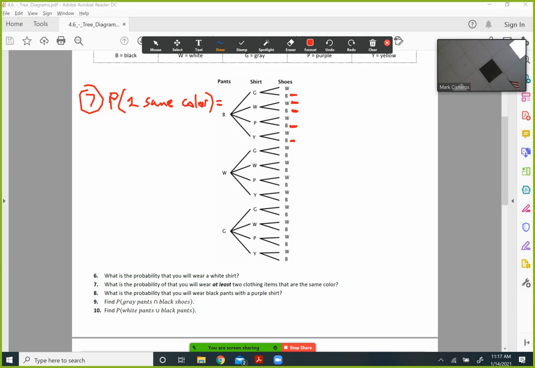There's 5 so far. And just keep going. Keep counting them. White, green, white. There's another one. 6. White, white, white. 7. White, white, black, 8. White, purple, white, 9. And then white, yellow, white, 10.